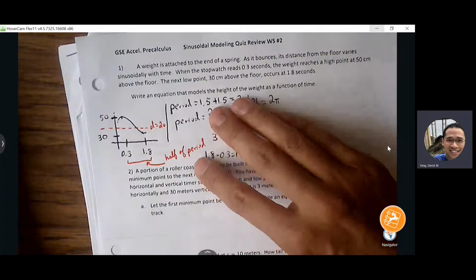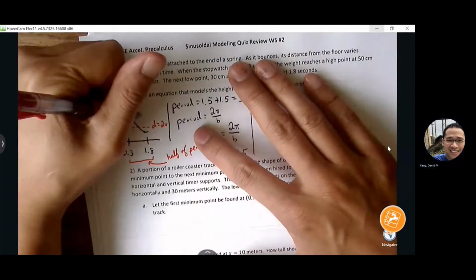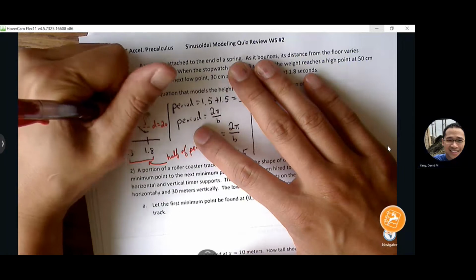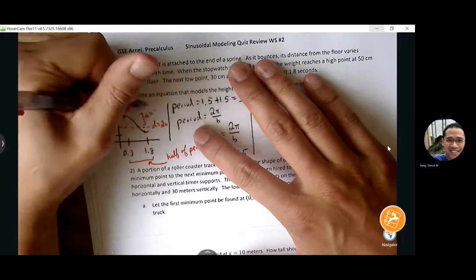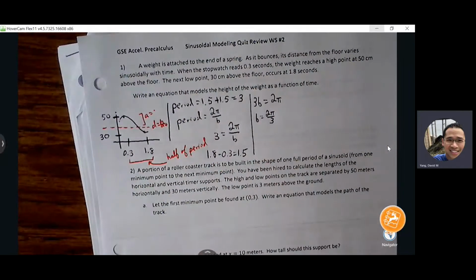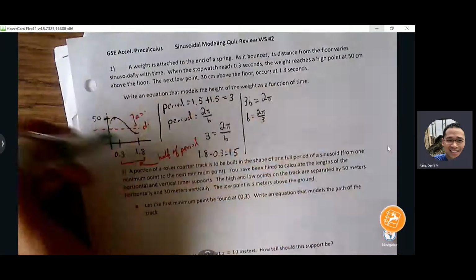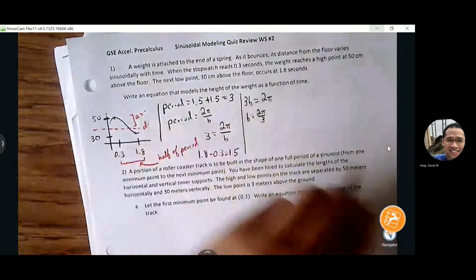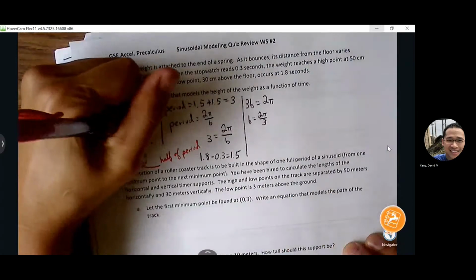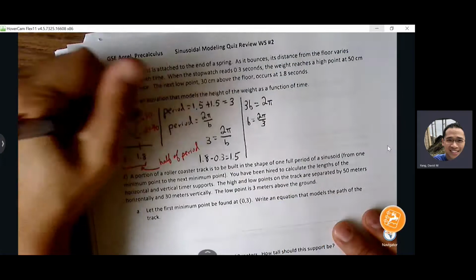D is 40, so A, my amplitude, is the distance from my midline to the peak. To 50, that's an amplitude of 10.